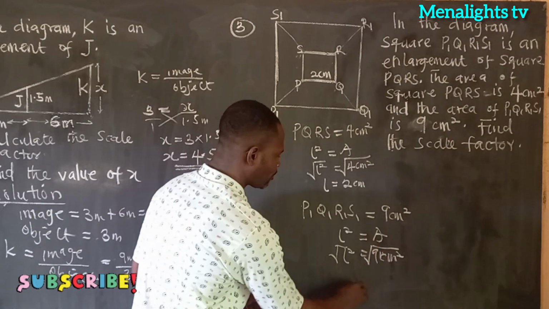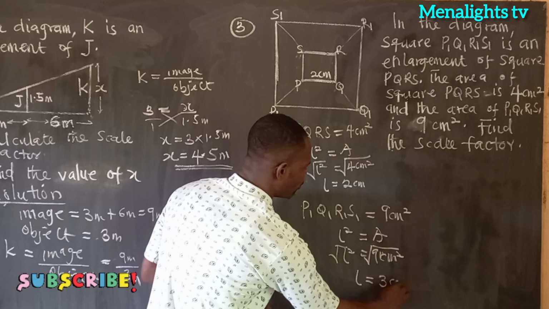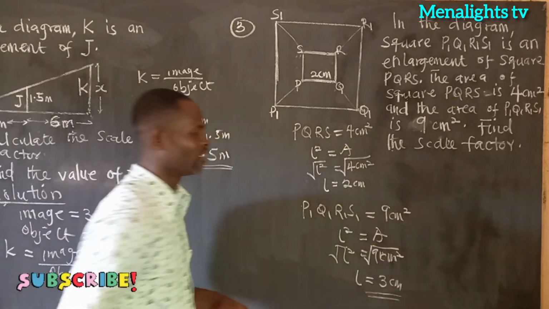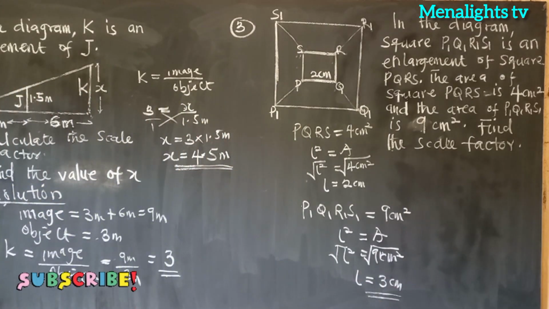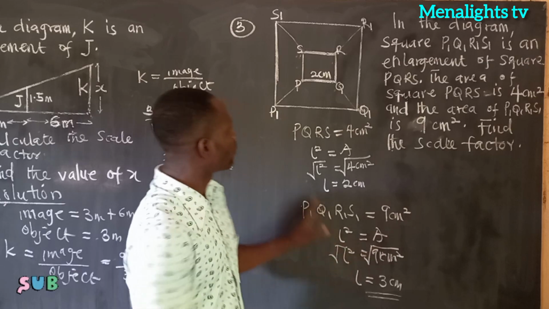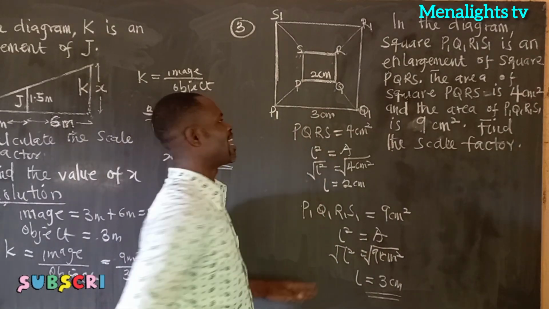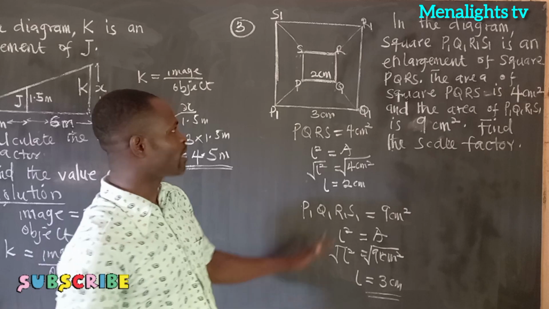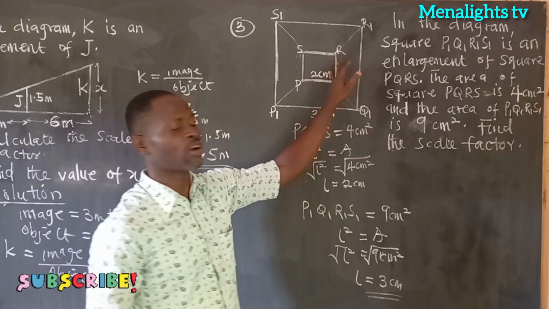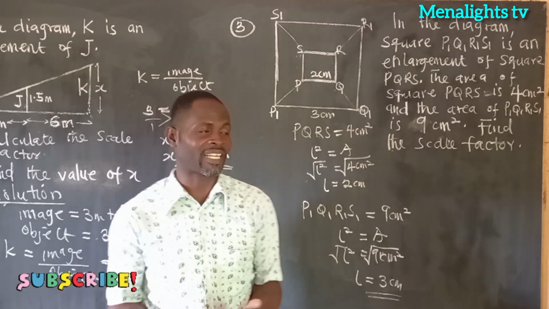So our length is 3 centimeters. So the bigger one has 3 centimeters as the length. Now that we know the length of the small square and the bigger square, let's find the scale factor.